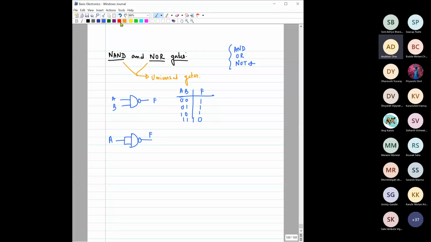You can see from the table that when A and B are both 0, the output is 1, which is the complement. Similarly, when A and B are both 1, the output is 0. So it is A bar. This is the NOT implementation using a NAND gate.